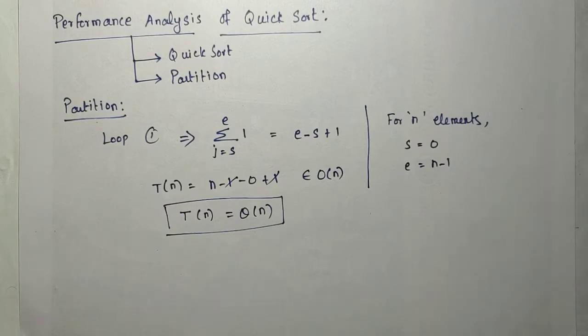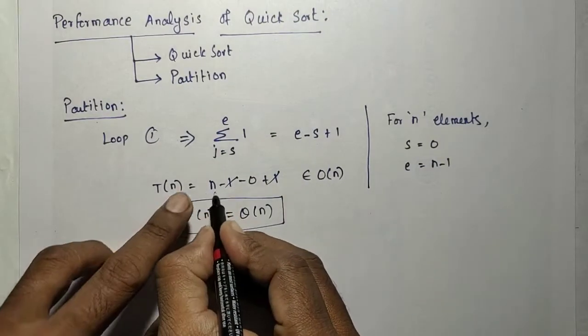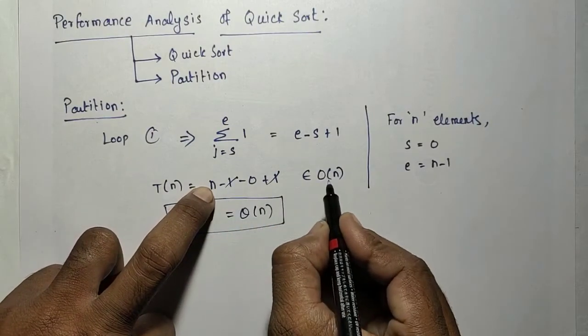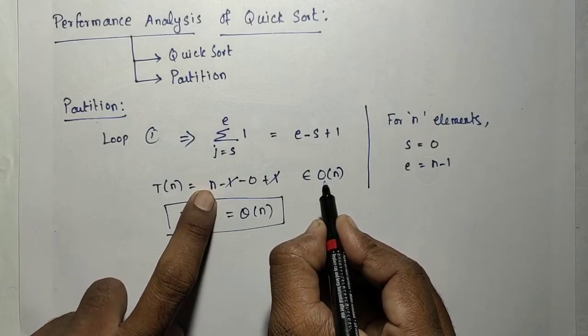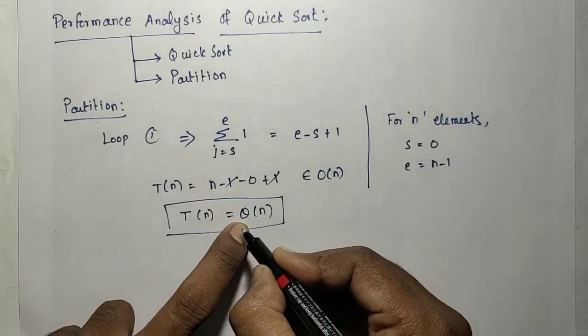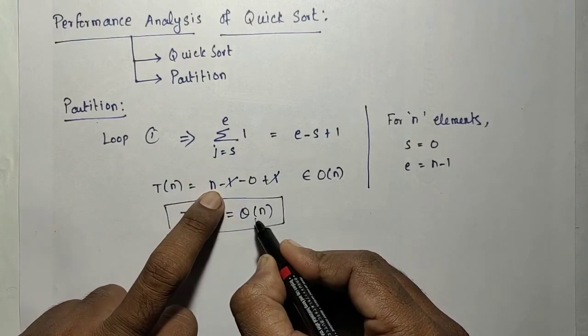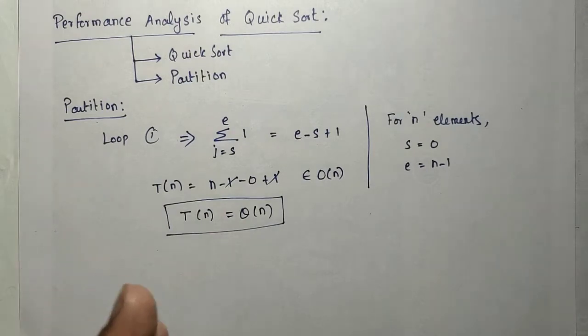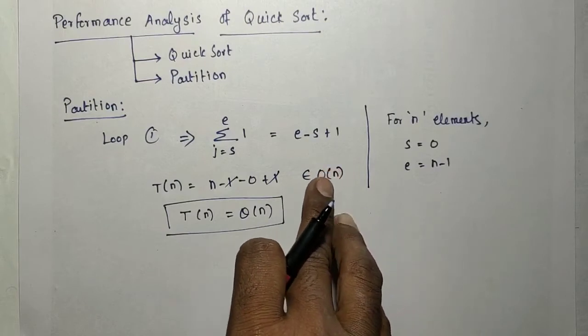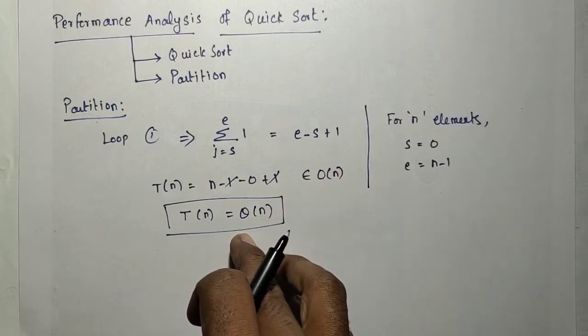That is what O of n says. Theta says that the complexity will not go beyond n, as well as not below n. So we can represent the complexity either with big O or theta.